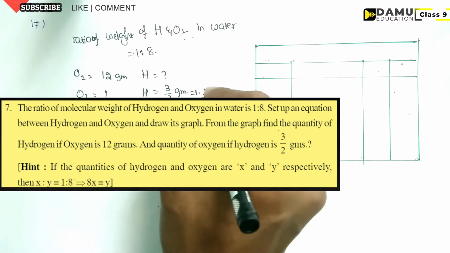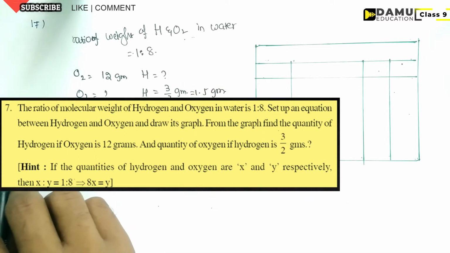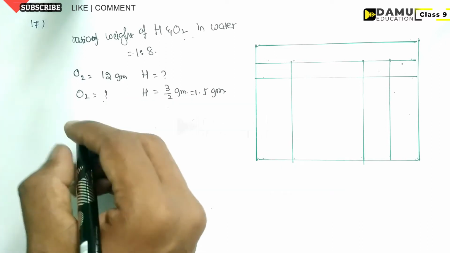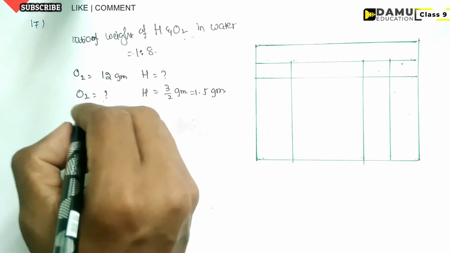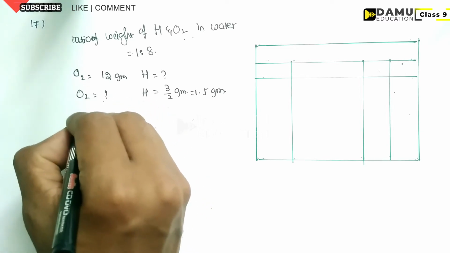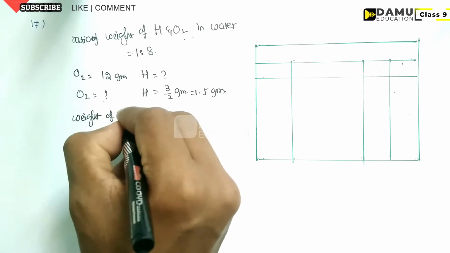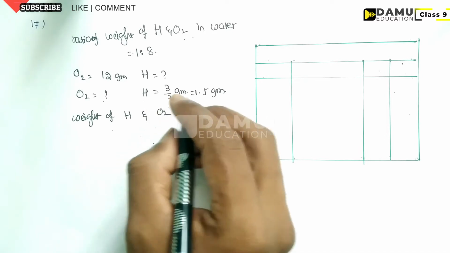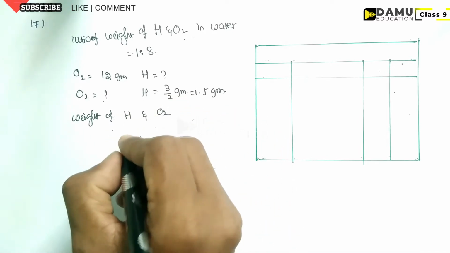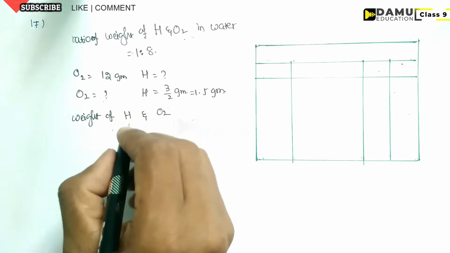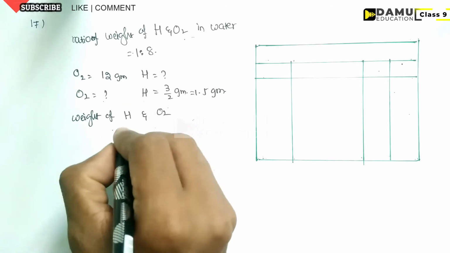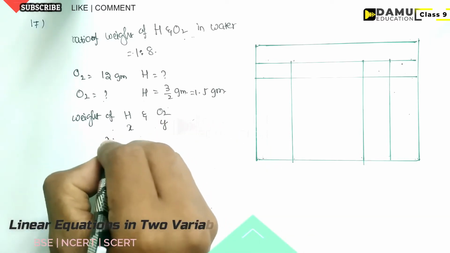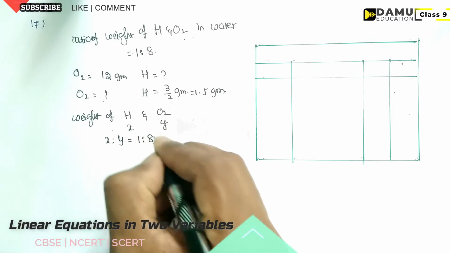So if it is 1.5 grams, then they are given that if the quantities are in the ratio, let's take hydrogen and oxygen in the ratio of X and Y. So the weights of hydrogen and oxygen are in the format of X and Y. Then X is to Y will be equal to 1:8.